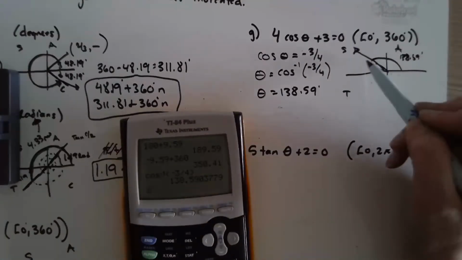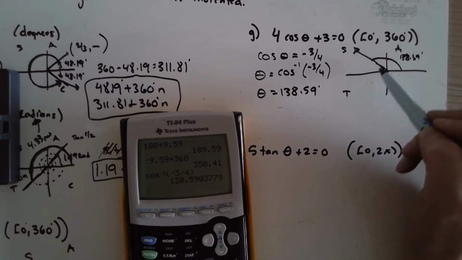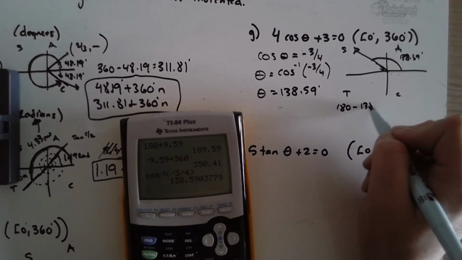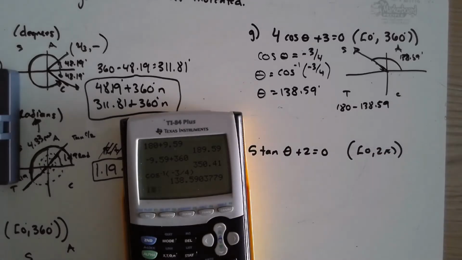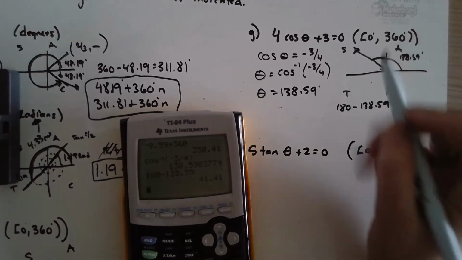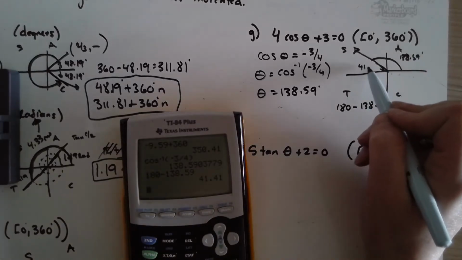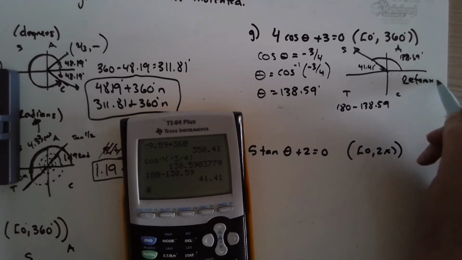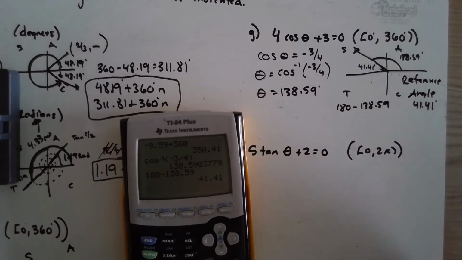Okay, so I've got to find this reference angle. So I'm going to take 180 minus 138.59, and I get a reference angle of 41.41. Okay, so my reference angle is 41.41 degrees.